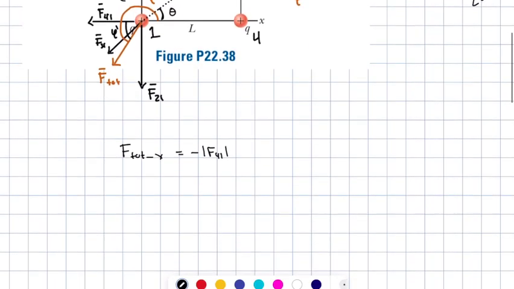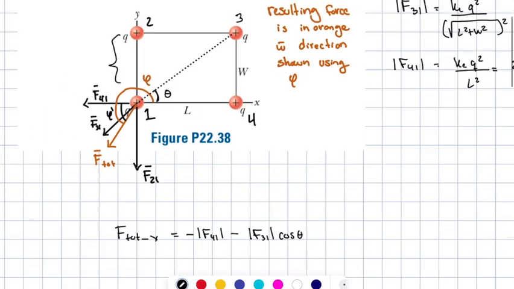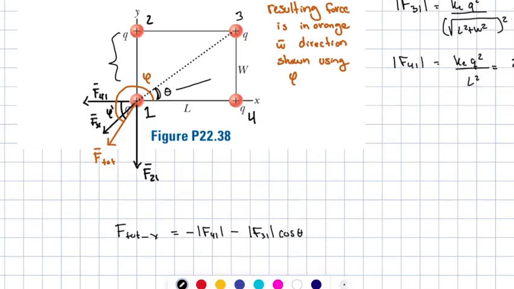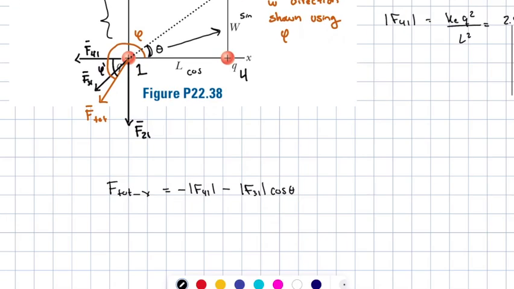Because 41 is going in the x negative direction, and then negative F31 cosine of theta. And why do I say that? Because if this is my theta, this is going to be F31 sine theta, because it's the opposite side, and this one is going to be the cos. So this is the cos side, and this is the sine side, right?